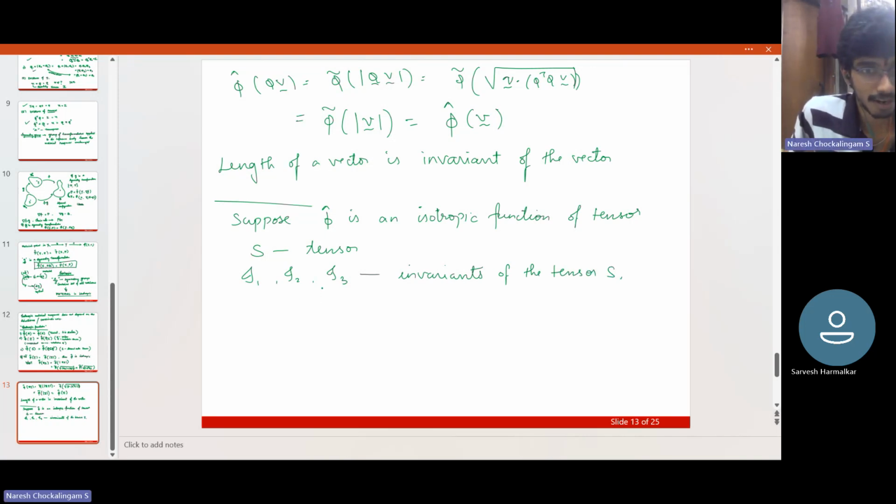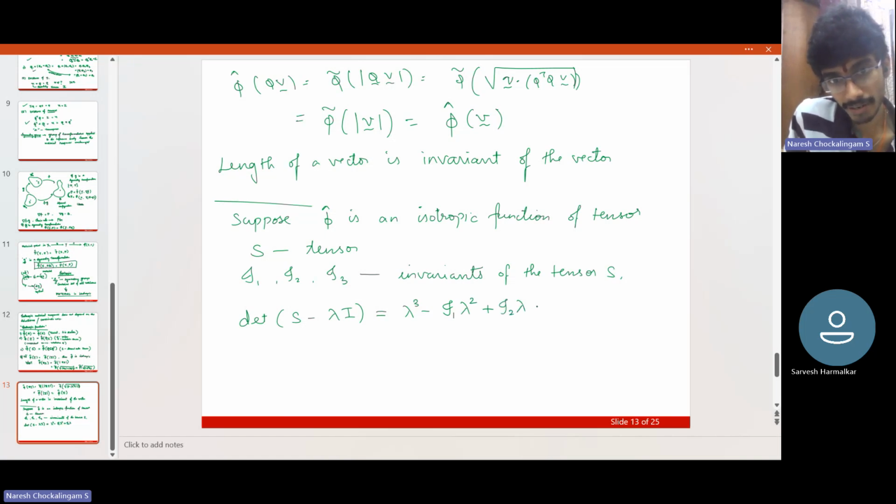What are the invariants? When you take the determinant of S minus lambda I, you get a characteristic equation. The characteristic equation is lambda cube minus I1 lambda square plus I2 lambda minus I3. The signs could be plus or minus. These are the coefficients of the characteristic polynomial.